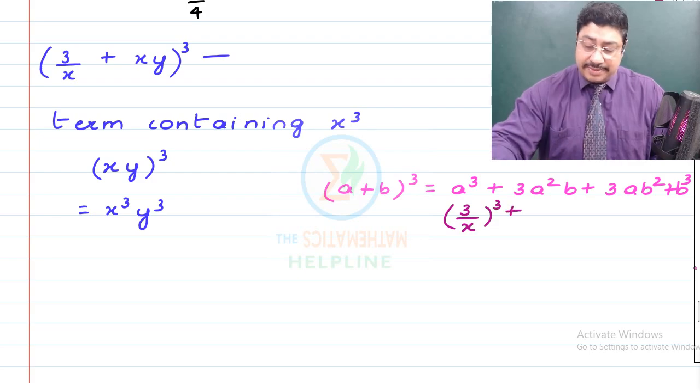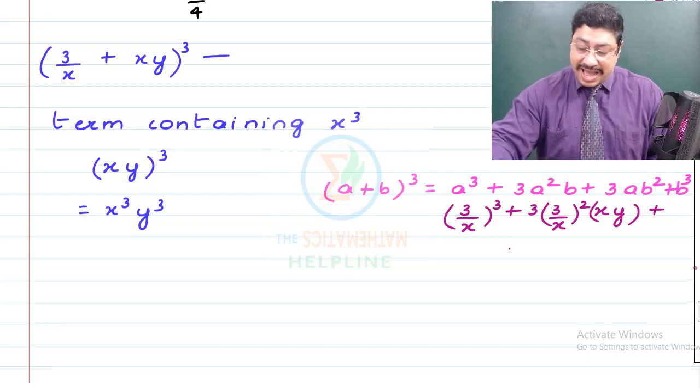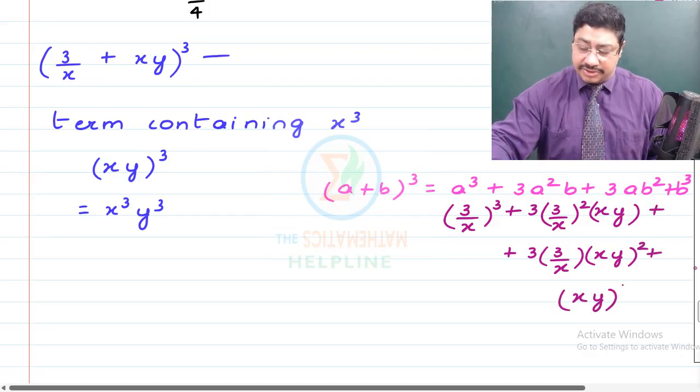To that is going to be added 3 times (3 upon x) whole square, and further that gets multiplied with the second term raised to the power 1, that is xy. And then to this is going to be attached the third term, which is 3 times (3 upon x), which will come with power 1, and xy, which will come with power 2, and the final term is xy, which is raised to the power 3.